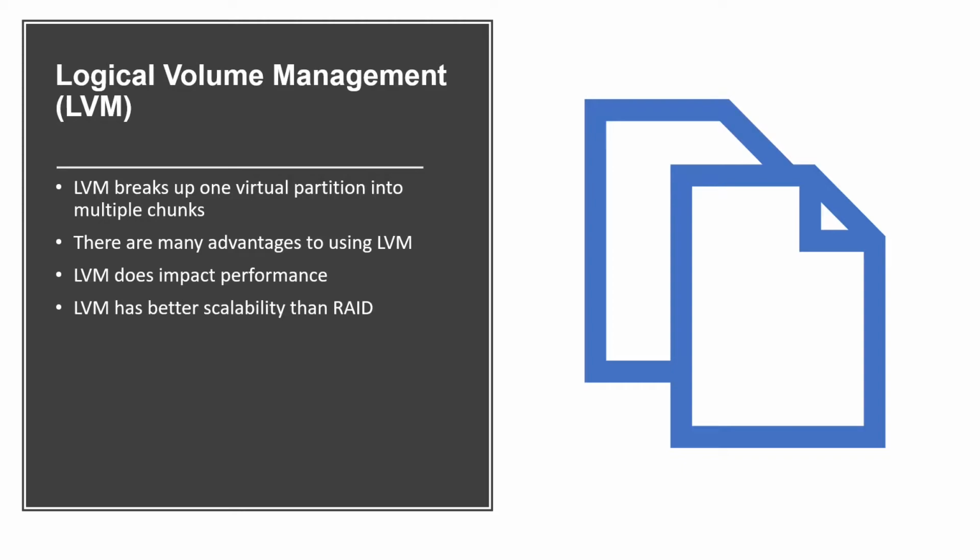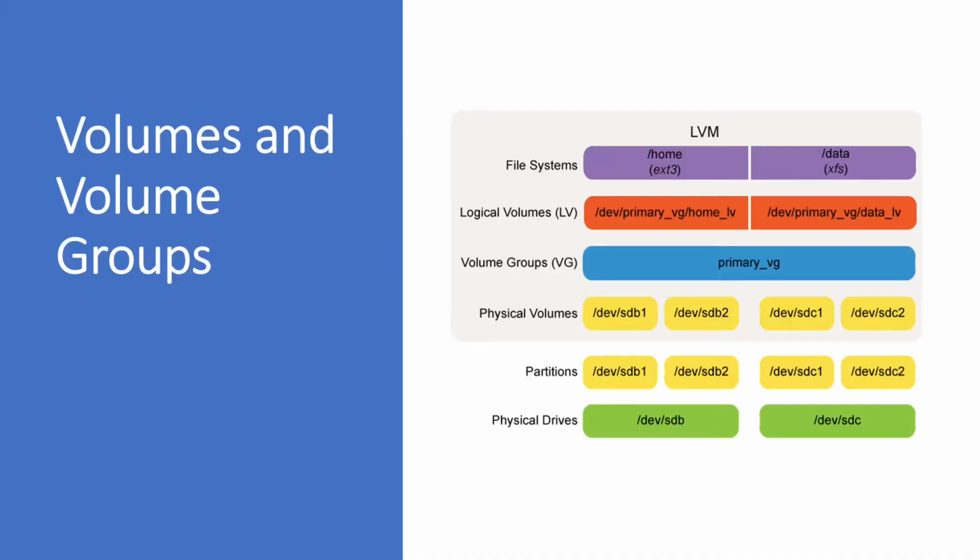This would give the logical volume the redundancy of a RAID device with the scalability of LVM. LVM has better scalability than RAID. Logical volumes can easily be resized, i.e. enlarged or shrunk, as needs require. If more space is needed, additional devices can be added to the logical volume at any time.